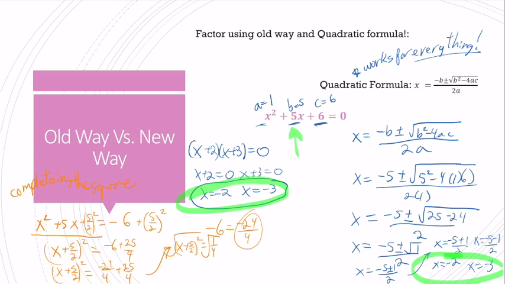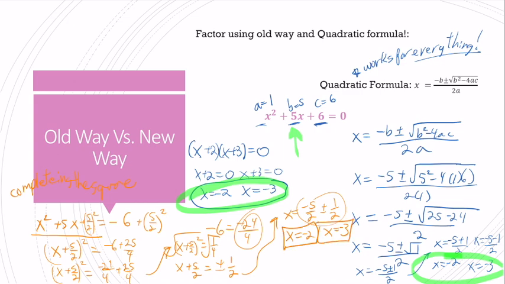So I get x plus 5/2 equals plus or minus 1/2, and I subtract 5/2 from both sides. I hope you see a lot of similar numbers occurring. x is negative 5/2 plus or minus 1/2. I'm going to get the same answers when I add these and simplify. All three methods get me to the exact same answers.